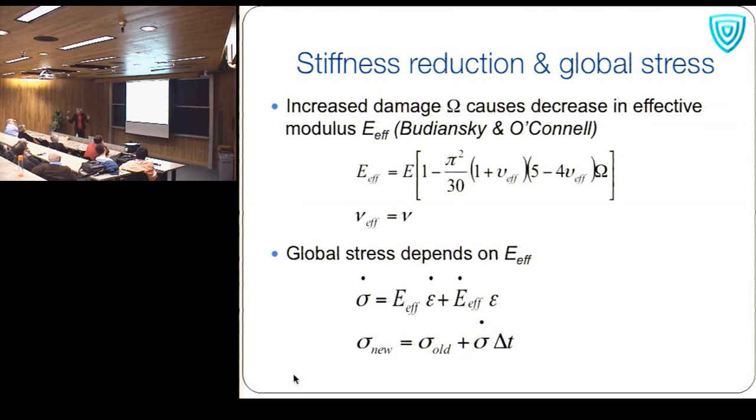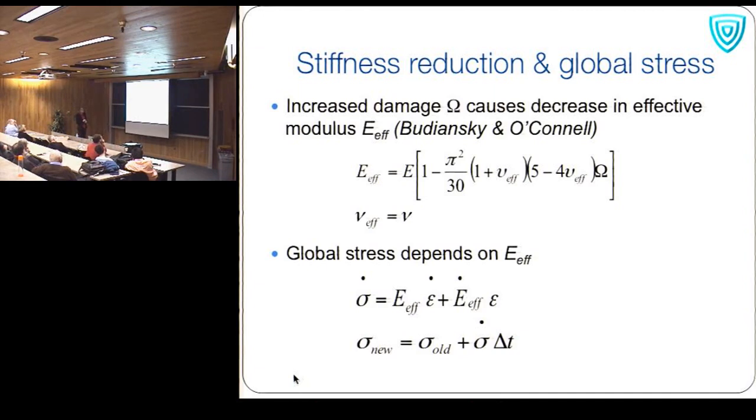Actually, we found it's not. It's an anisotropic material, and we have an update to this, but I could spend another 45 minutes talking about the anisotropic model. So for now, think of the elastic modulus degrading with damage, somehow as a function of the Poisson's ratio. And we kept the Poisson's ratio constant in this particular analysis, just to keep it simple.